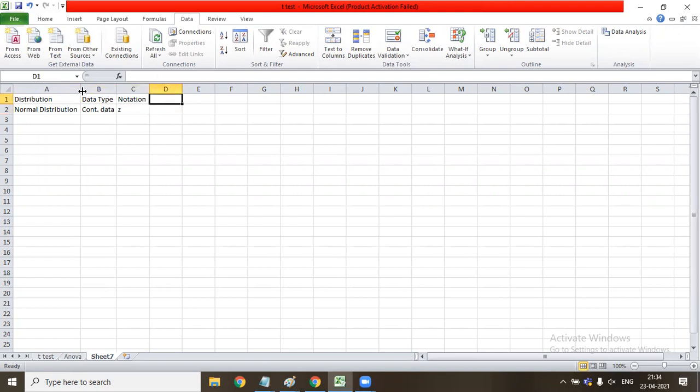What are the features? It is a symmetric, bell-shaped curve. Symmetric means it is similar on the left-hand side and the right-hand side from the center.